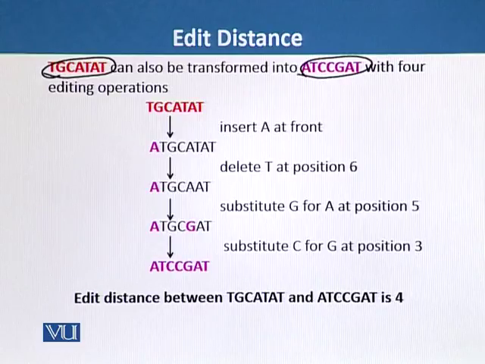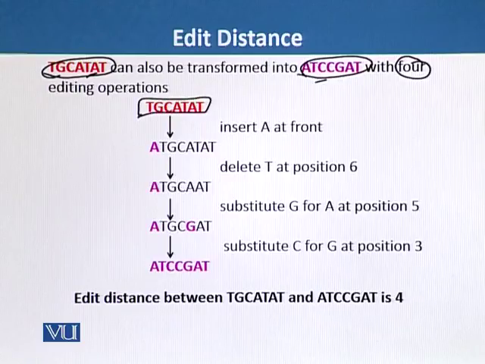So in the previous slide, the edit distance between this and this was 5, but still we can use better editing operations and we can transform this sequence into this by using only 4 editing operations. So again we can see here, this is the starting sequence that we have to transform into this sequence. The first step will be, we will insert A at front.